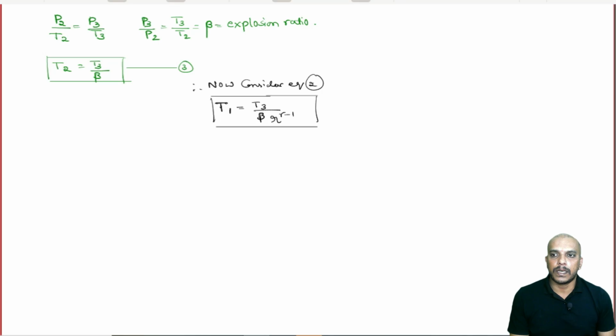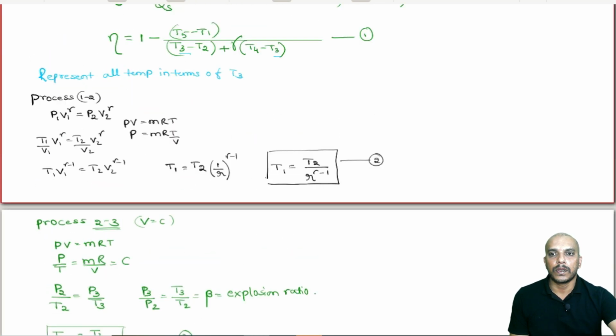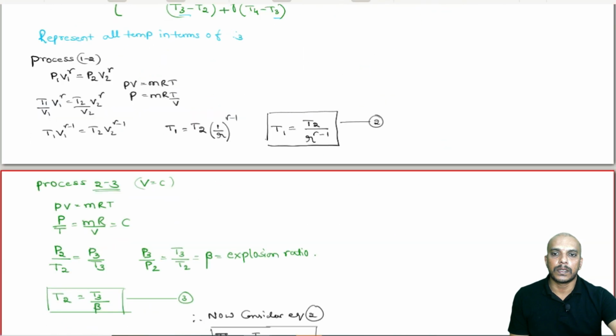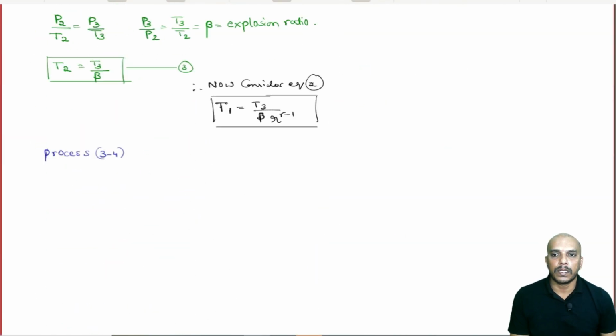Now, let us consider process 3 to 4. What is process 3 to 4? Process 3 to 4 is constant pressure. So, process 3 to 4 is a pressure constant process. Alright. Now, for a pressure constant process, I will start with the same PV is equal to MRT.